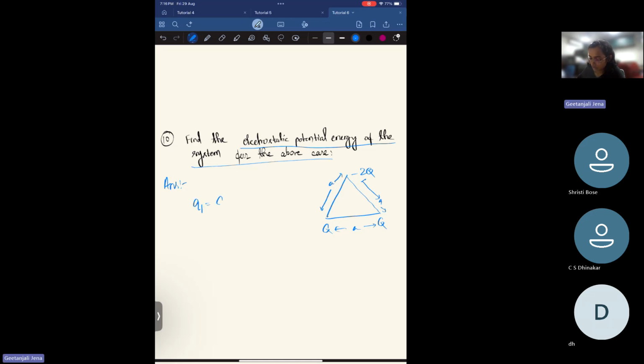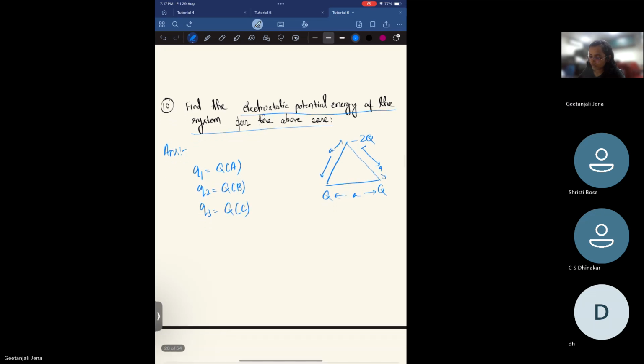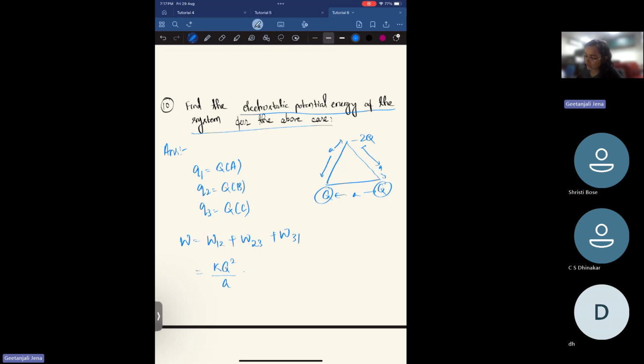So Q1 is q, Q2 is q, Q3 is minus 2q. So the potential energy is W12 plus W23 plus W31. W12: these are separated by distance a, so this will be K q squared by a.